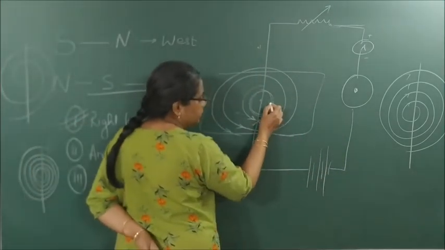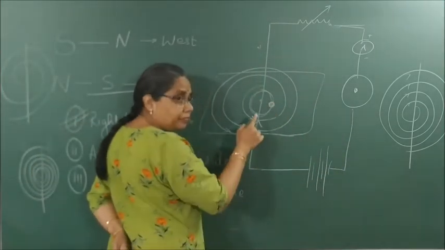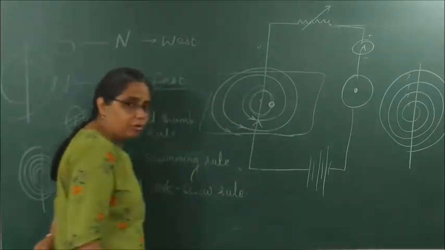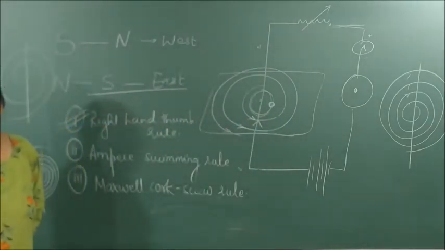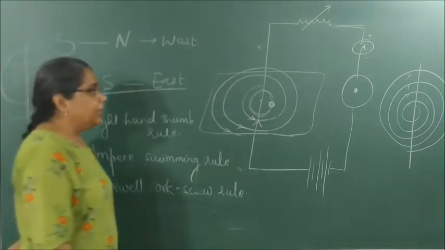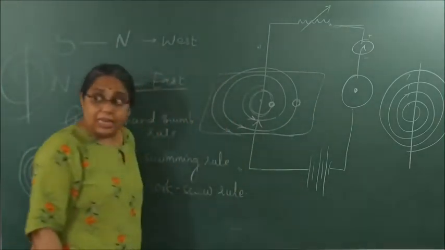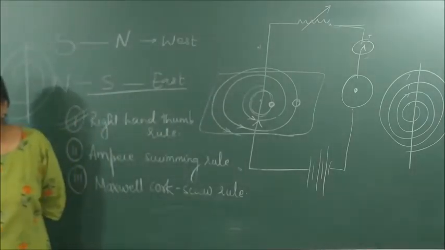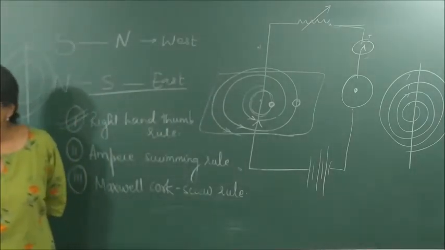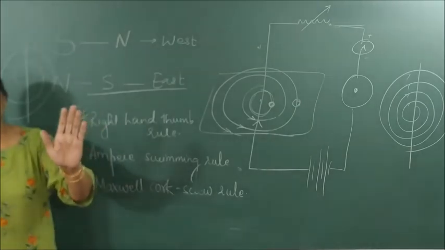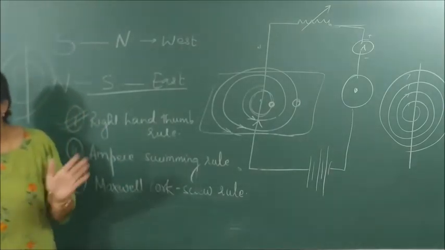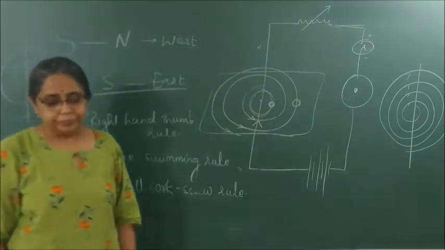If I had kept the compass here, the deflection will be very strong. Why? Because it is very close to the current carrying conductor. But if I keep it somewhere here, then the deflection becomes less as the magnitude of the magnetic field decreases as you go away from the wire.